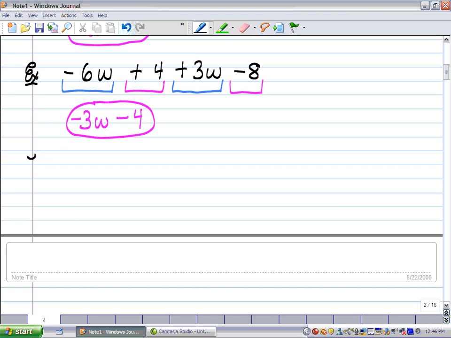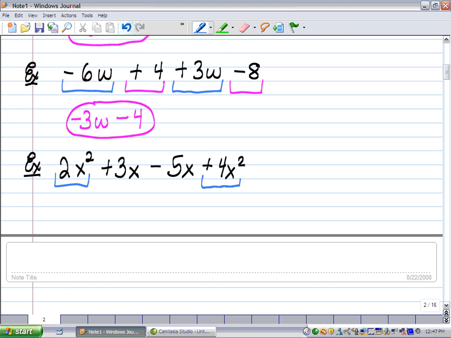Let's try one more, and then we'll look at the other thing we'll do for simplification. Let's look at 2x squared plus 3x minus 5x plus 4x squared. Remember, to be like terms, they have to have the same variable with the same exponent. So 2x squared is not like 3x because x in the second term does not have a 2, but it is like this one down at the end.